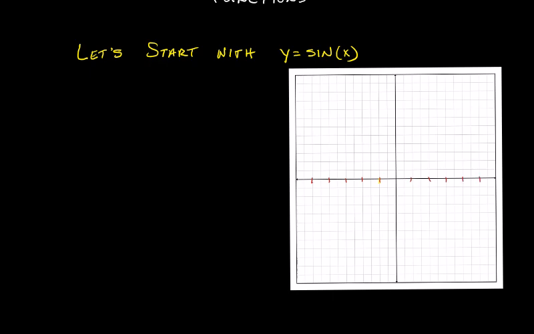So if you know, sine starts at 0, 0, the start of its first period. Then it goes up to pi halves, 1, then to pi, 0, and then to 3 pi halves, negative 1, and then 2 pi is 0. And then we're going to keep the pattern going. Alright, so that looks good.